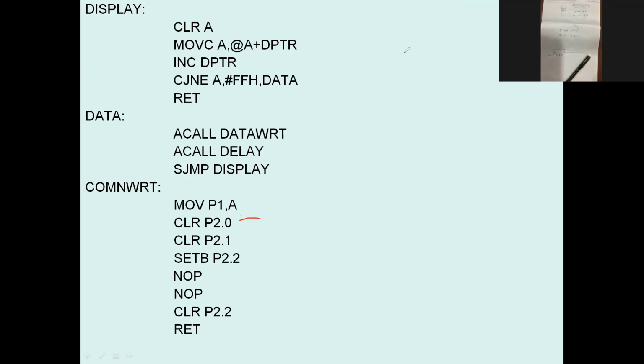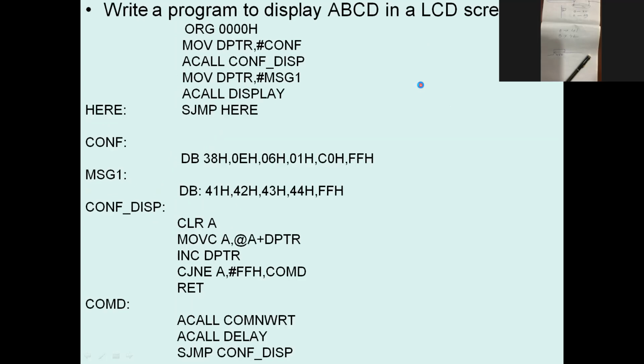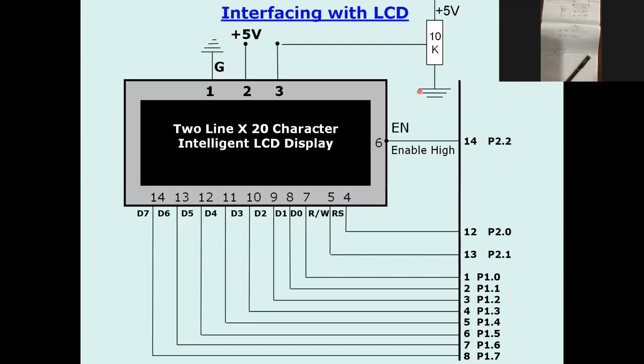Just go through the diagram, the 8051 ADC diagram. Now this is the 7 segment program.